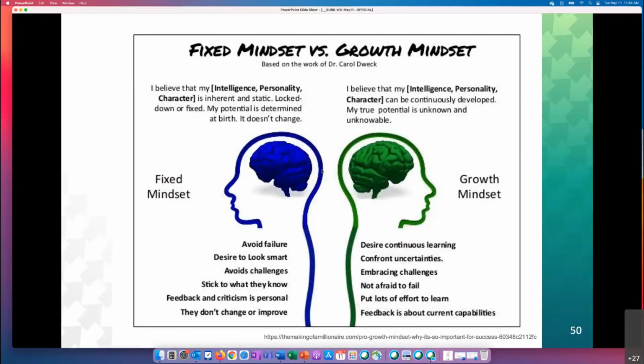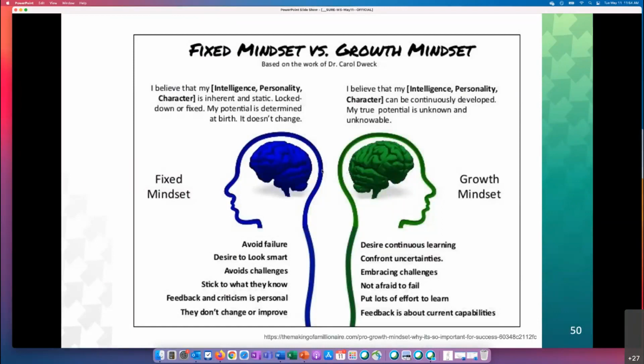Just a few traits. A fixed mindset will avoid failure because you'll look dumb. Effort means that you're not smart. If someone does better than you or a colleague, it's a threat. Feedback is viewed negatively. So I'm just talking about the fixed ones.